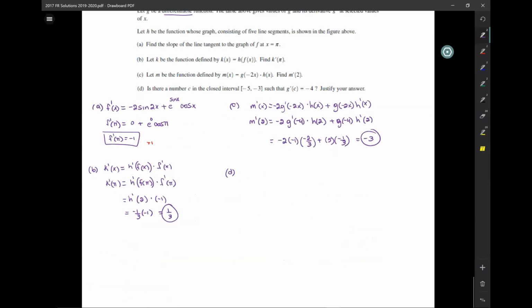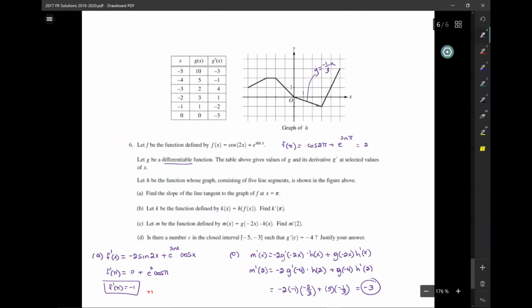G is differentiable, which means it's what? Which means it's continuous. So, if you see here, what are the values of G prime of x? The values of G prime of x alternate between what and what?